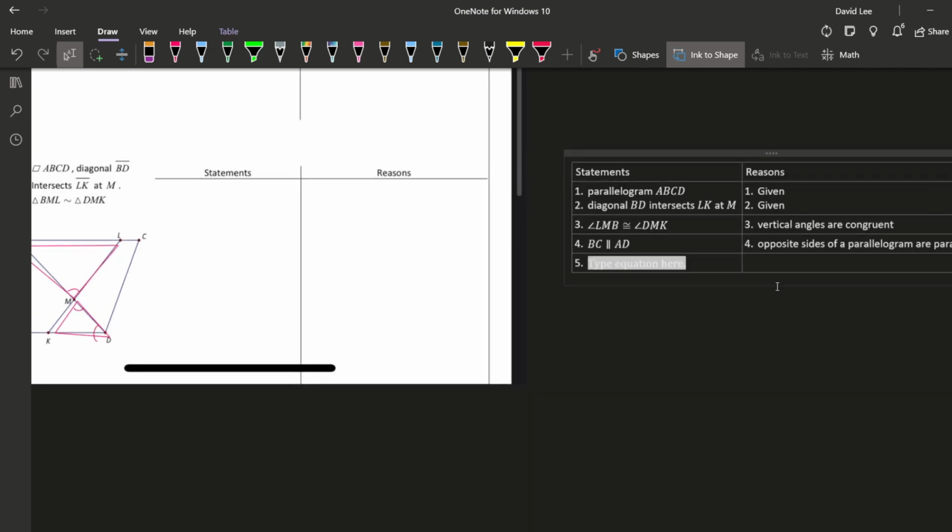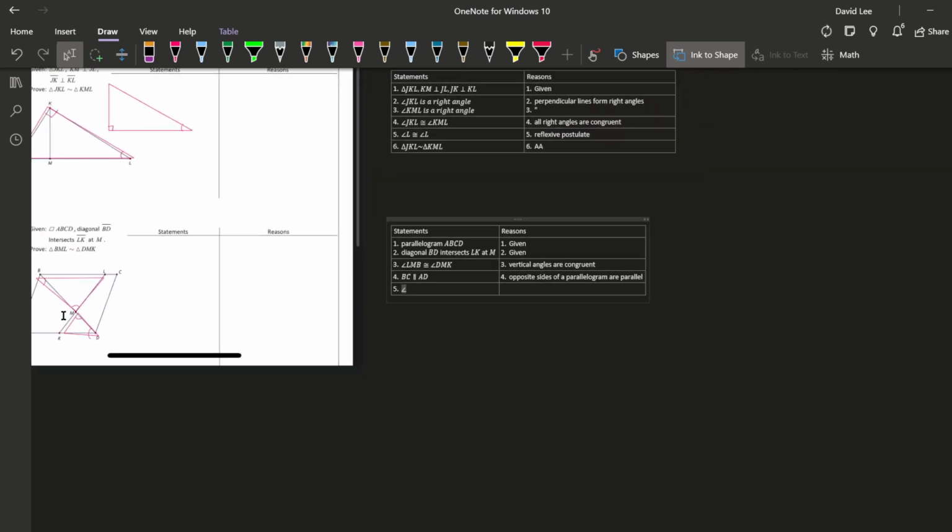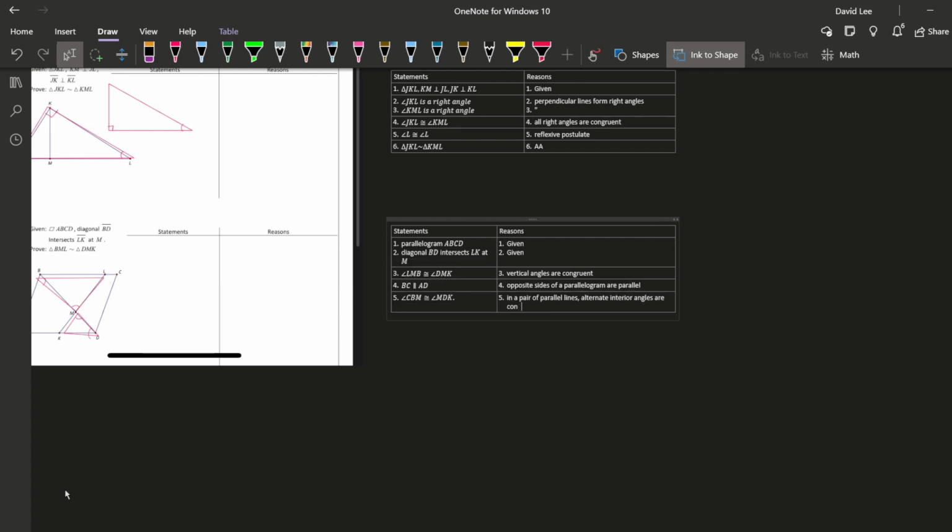And then I can say angle CBM is congruent to angle MDK because in a pair of parallel lines, alternate interior angles are congruent.